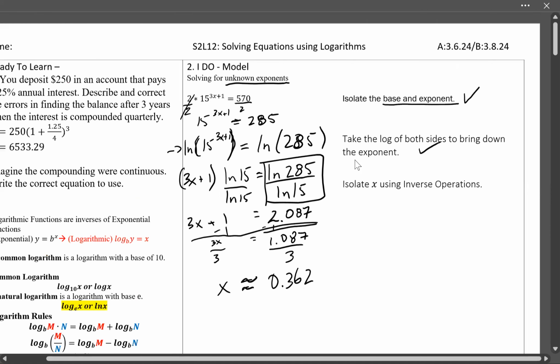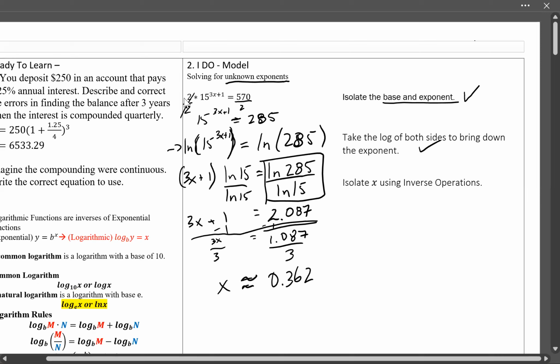So I know that was a lot. Again, we had 2 times 15 to the exponent equals 570. We have an unknown exponent. So to solve for that, we need to isolate it, get it by itself, divided both sides by 2. And then we have 15 to an unknown exponent. We can get the exponent down by taking the log of both sides.